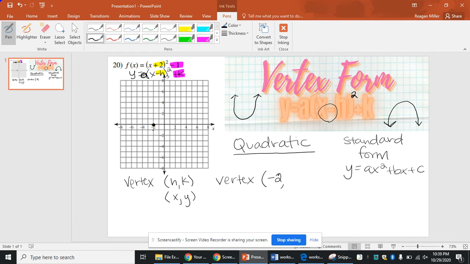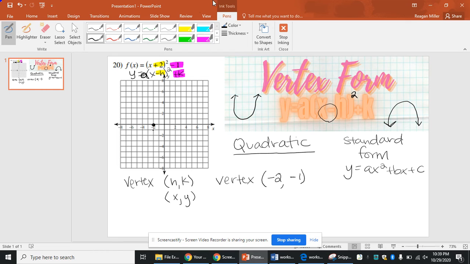So don't let that be confusing for you. Don't let it trip you up. Just know that if there's a positive number here inside the parentheses, when we write down our vertex, we're going to change the sign to a negative. And then our K is just going to be whatever comes after, which is our Y value, which was -1 here for this example.